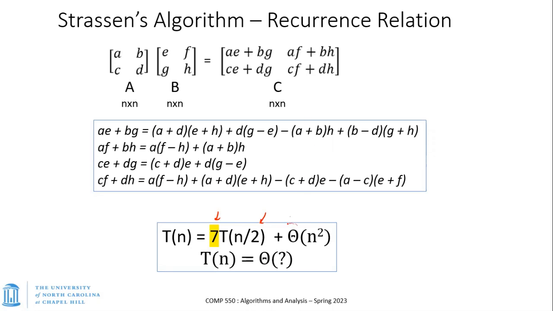And the additions, even though there's a bigger constant over here, we can neglect that simply because it has a complexity of n squared, which is smaller, okay? So as you get larger and larger problems, larger and larger values of n, as n goes to infinity, f of n is going to become smaller.